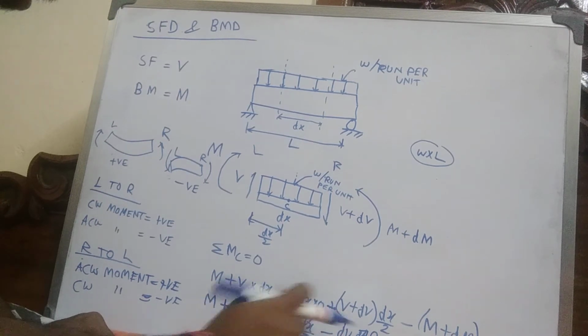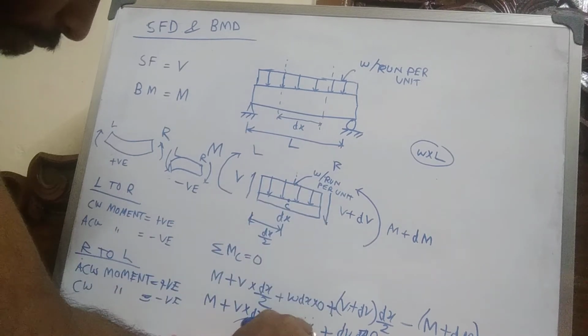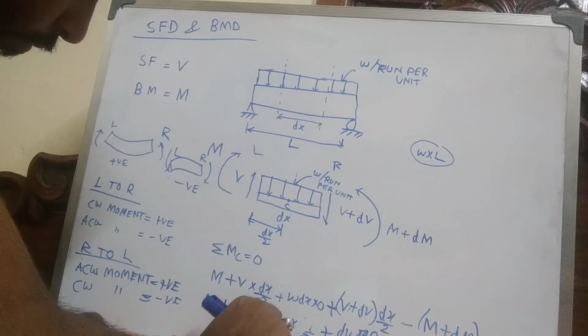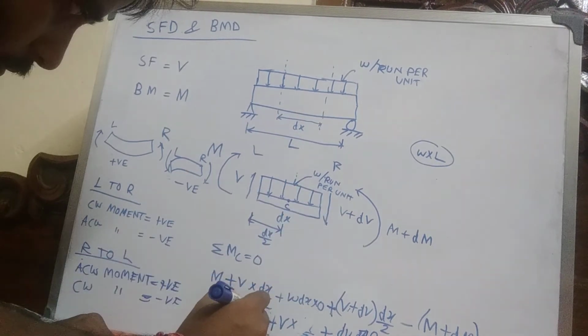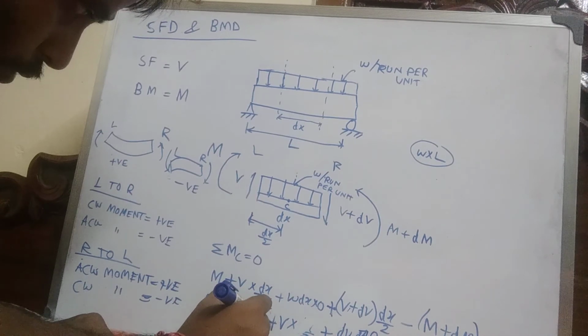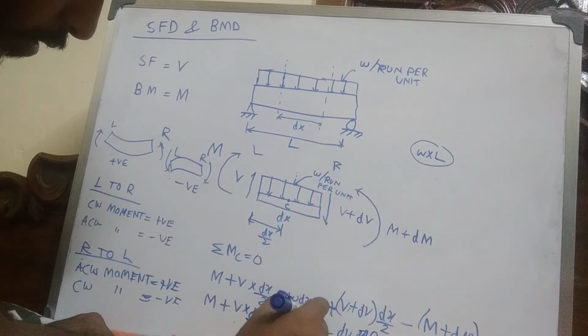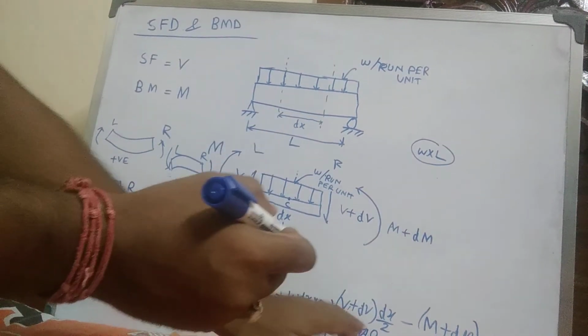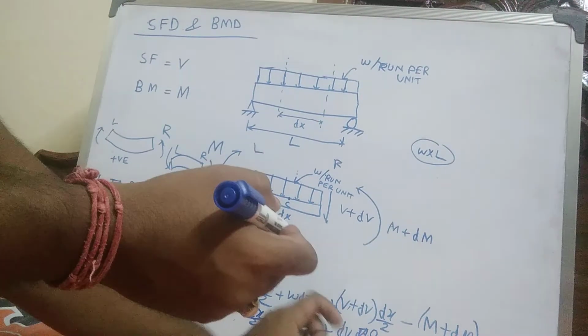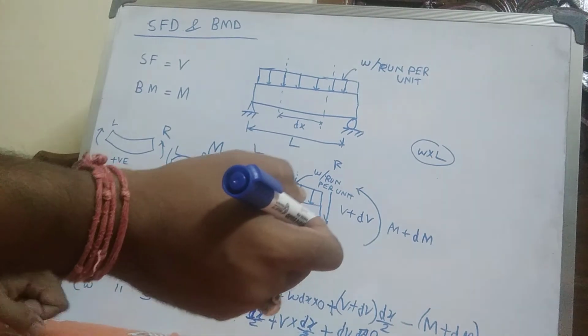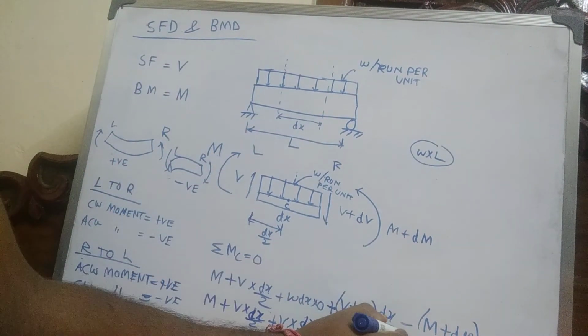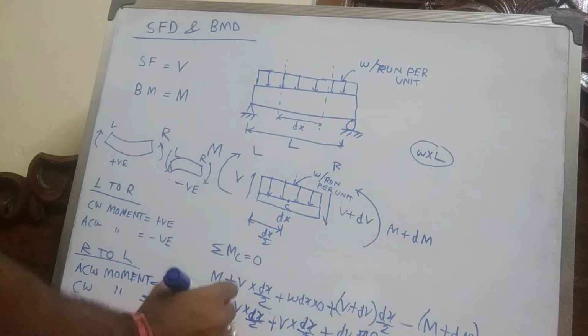So write dx by 2, and this one is negligible because both are very small and cancel out.